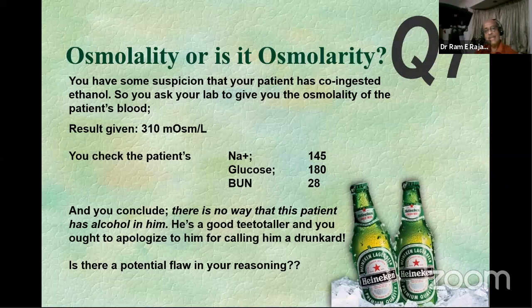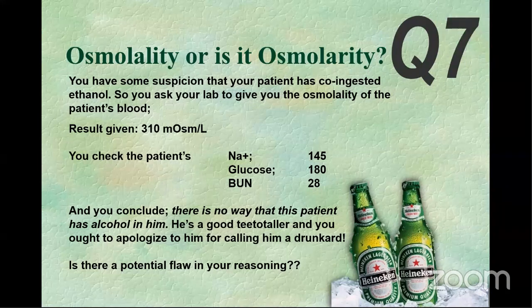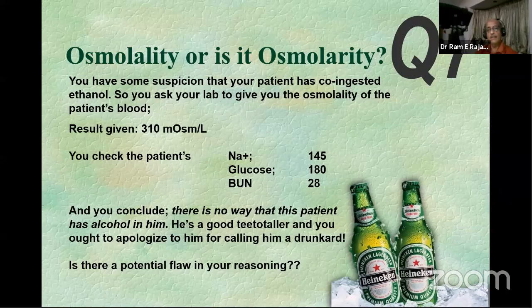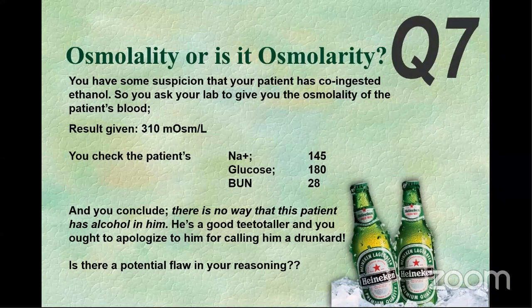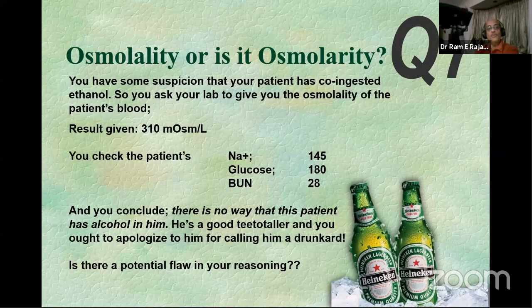Glucose divided by 18 is going to be 10. And BUN divided by 2.8 is also going to be 10. So roughly 290 plus 10 plus 10, 310. Exactly. So according to this, the osmolarity that the lab gave and what I'm calculating are the same.